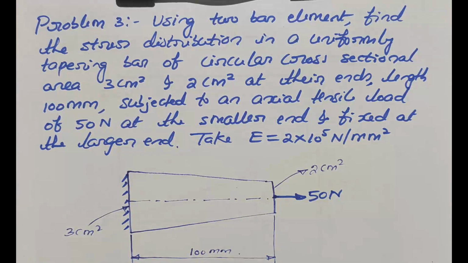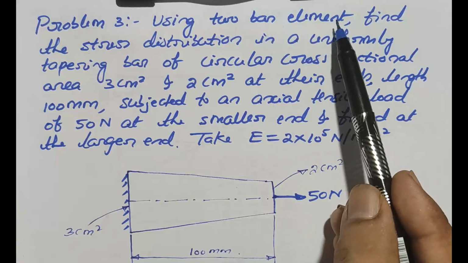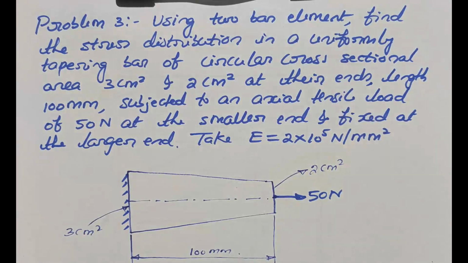This is the problem. See here, when a uniformly tapering bar is given, you have to convert that tapered bar into a stepped bar. Here in the problem they have mentioned using 2 bar element. You have to consider 2 bar element for the FE model, means you have to convert this uniformly tapering bar into stepped bar having 2 steps.